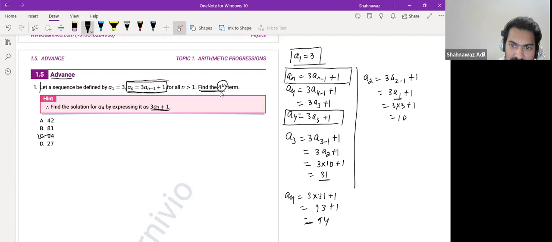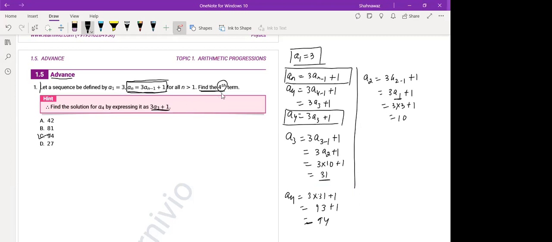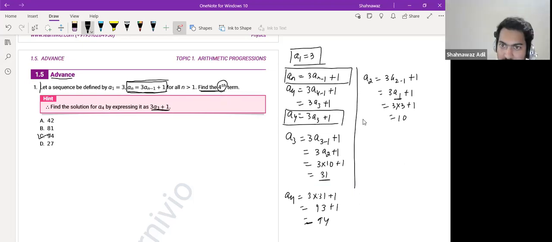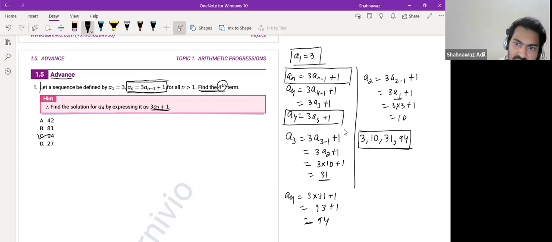You can see that the progression is 3, 10, 31 and 94. This is not an AP, right? These are not following any pattern. Talha, did you understand this question?